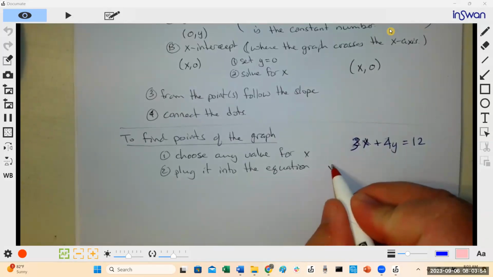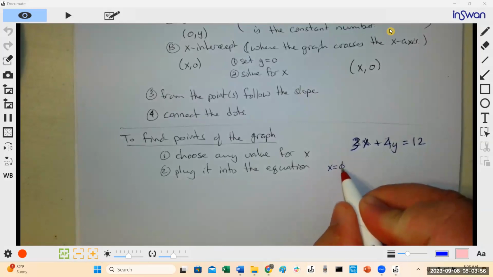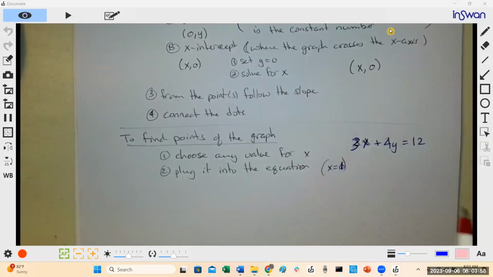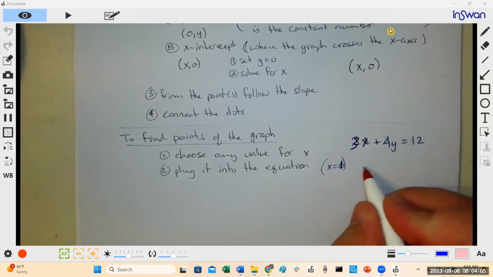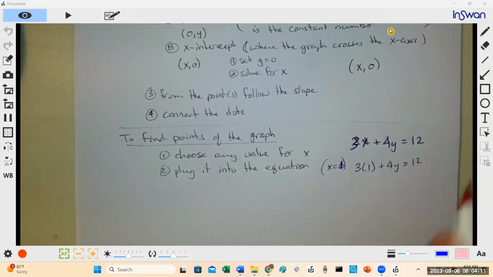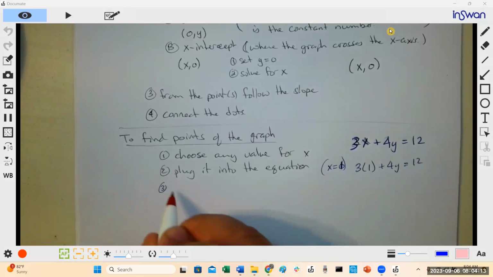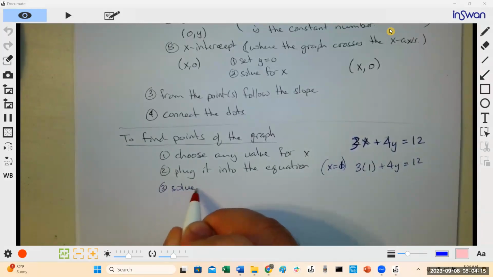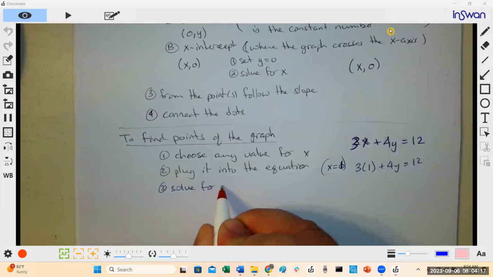I'm saying that x equals 1. Then I plug it in there, and then solve for y.